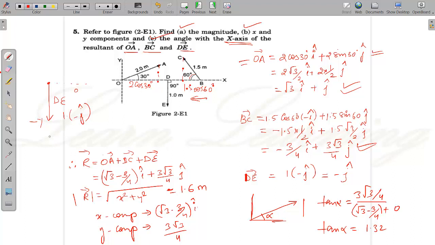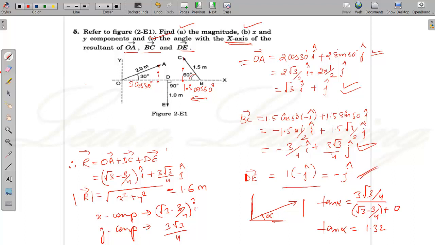It is 0 degrees. So you can find 1 cos 0 minus j cap, which becomes 1 only. Right now D is equal to 1. So this gives you that D is throughout only towards the y-axis. So D can be written as 1 into minus j cap, that is minus j cap.